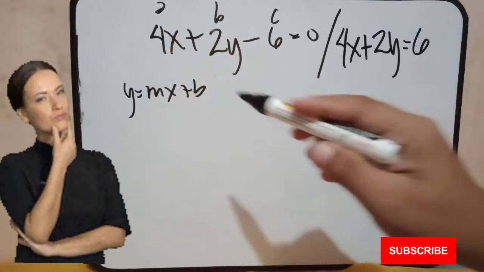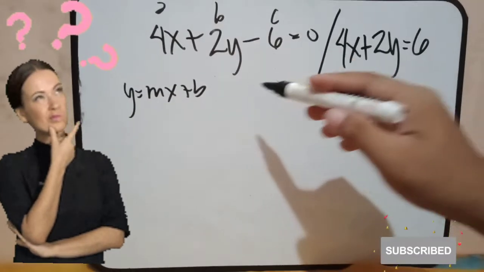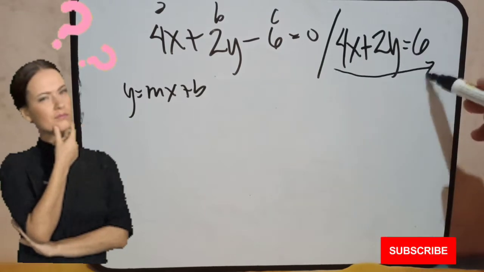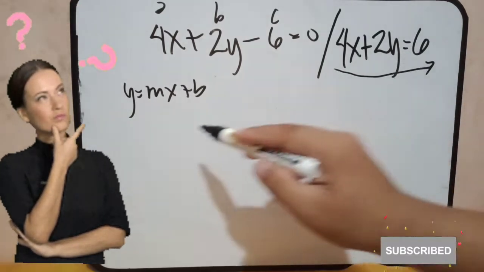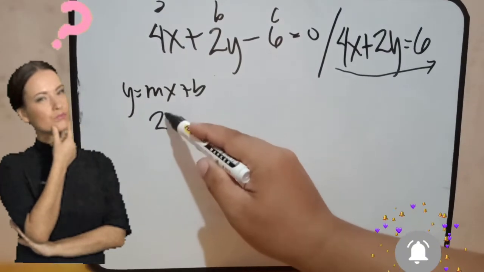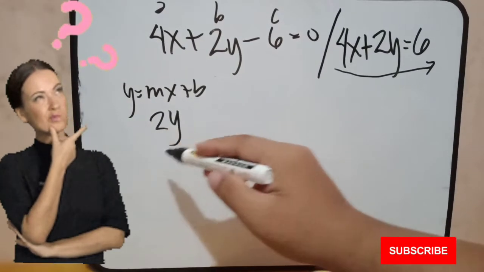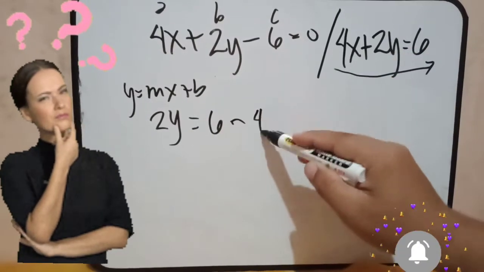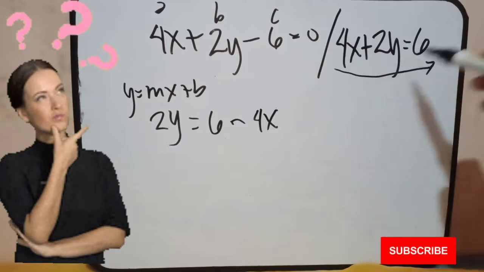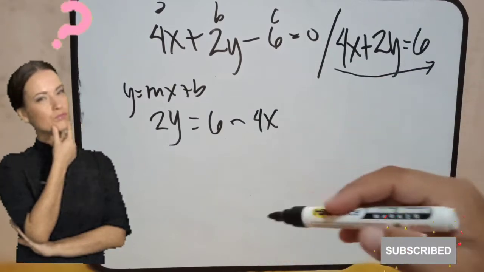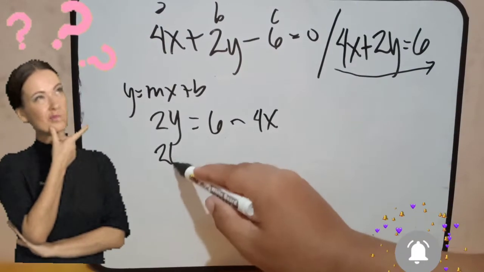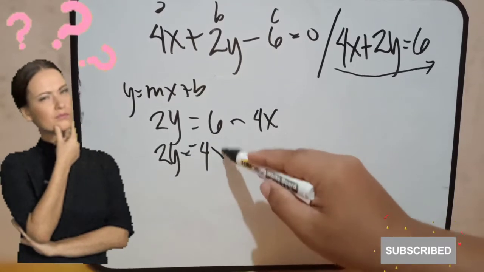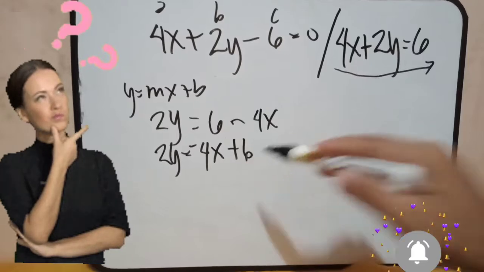Now for slope intercept form, we're going to keep the 2y. Since it's positive, we transpose the 4x to the other side, and it becomes negative 4x. Let's rewrite it in the correct format: negative 4x plus 6.